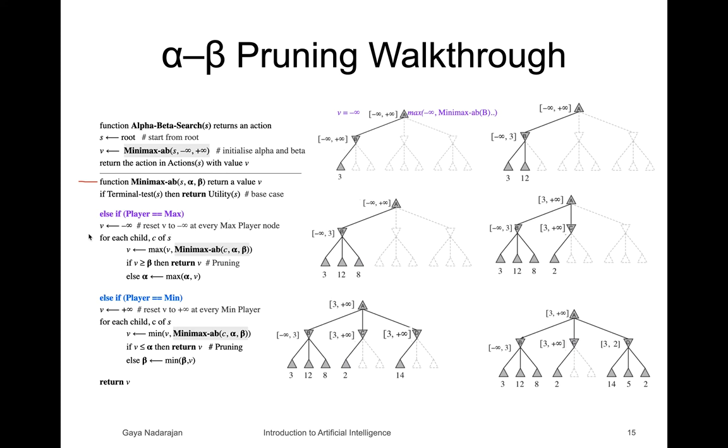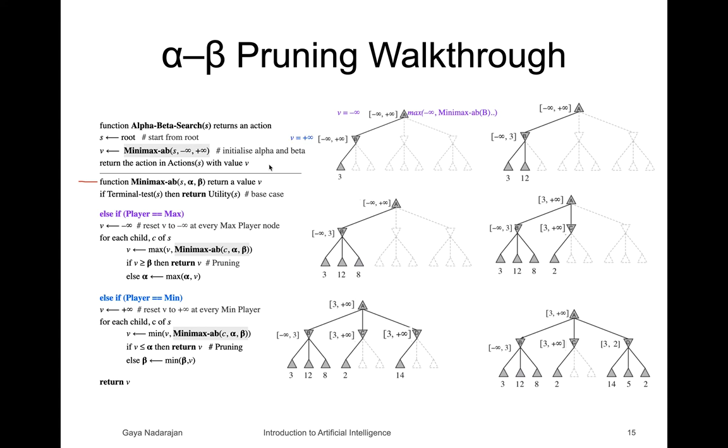And again, we're going to have to do this terminal test. Okay, B is not a terminal state. And then we're going to check, is it a max player? It's not. Then it's going to check, is it a min player? Then yes, it is. So let's go into this chunk of code, and we see that at B, we're going to initialize V to plus infinity.